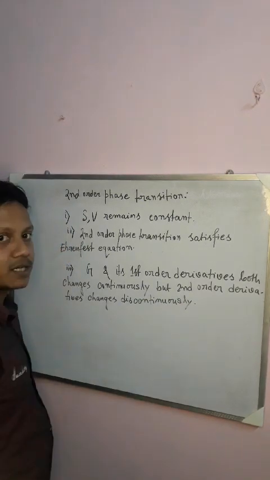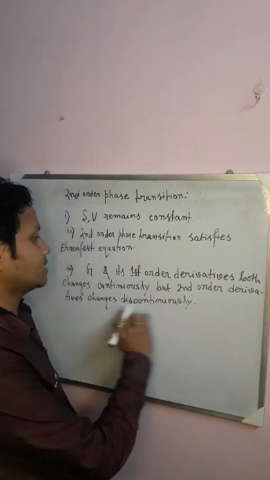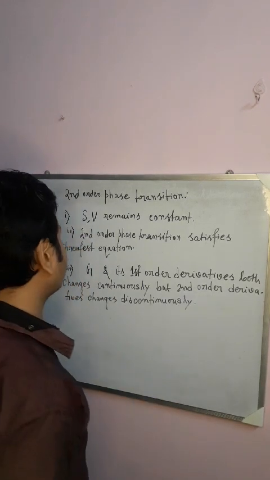That is, the Gibbs potential and its first order derivatives change continuously, but second order derivatives change discontinuously.